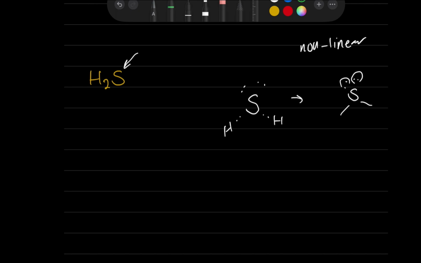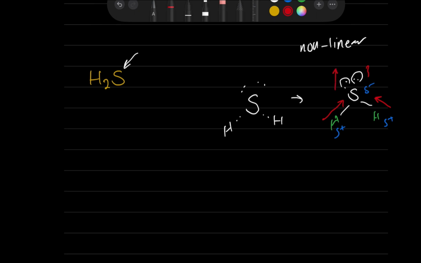How can I determine the direction of the dipoles at that point? First of all, sulfur is more electronegative, and that's why it is partially negative. The hydrogens are partially positive. If you draw their directions, they point towards the sulfur atom, and this one also points towards the sulfur. Keep in mind, we have lone pairs, and that's why their direction is up as well.